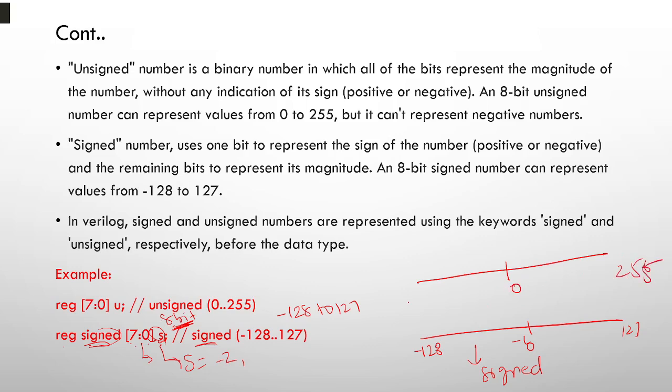Got my point? So whenever you want to store a negative number, you should make that variable capable of storing it. How will you make that variable capable? By assigning the signed keyword to that particular variable.